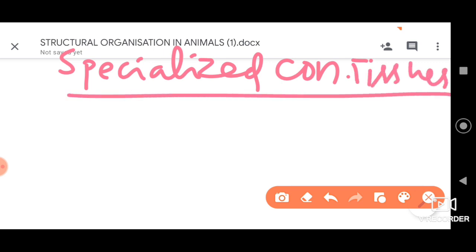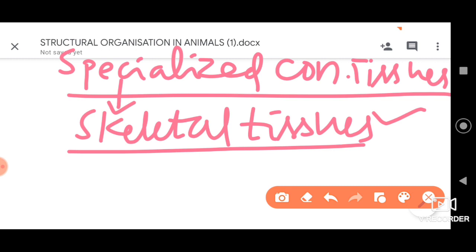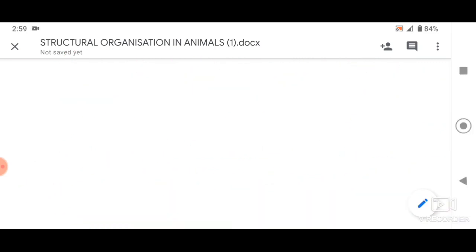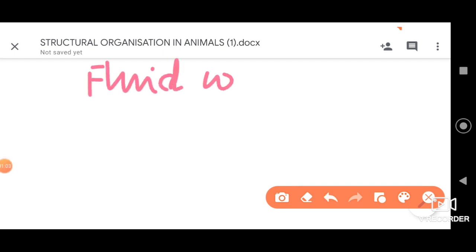Firstly, let me tell you that this type of tissue includes skeletal tissues. That means the tissues which are associated with our skeleton, that is, cartilage and bone. These are the two. Other than that, we also have the fluid connective tissues. First I told you skeletal connective tissues, then fluid connective tissues of our body.